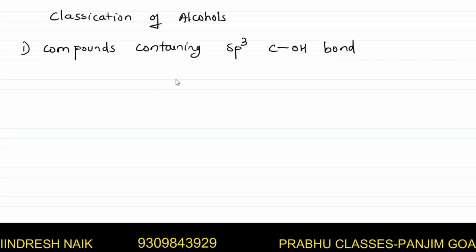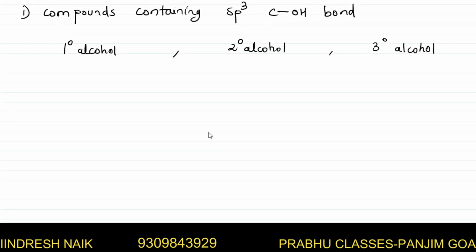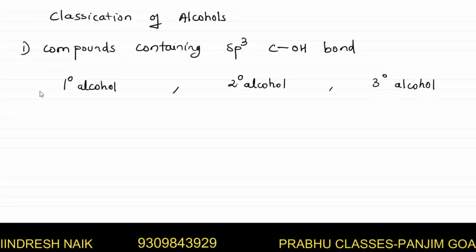We are going to discuss over here what is the meaning of primary alcohol, then what is secondary alcohol, and a tertiary alcohol. How it is represented? Always remember that we represent it this way.